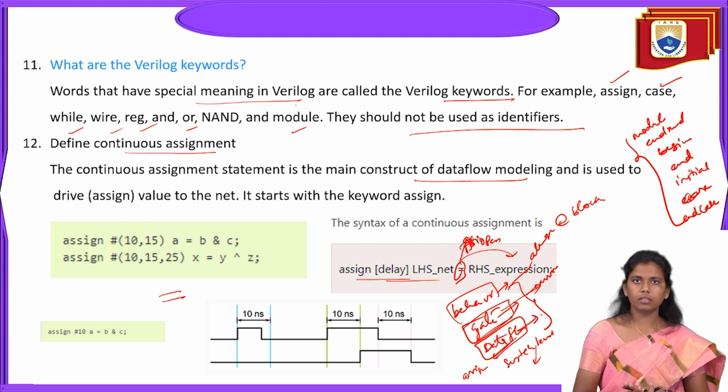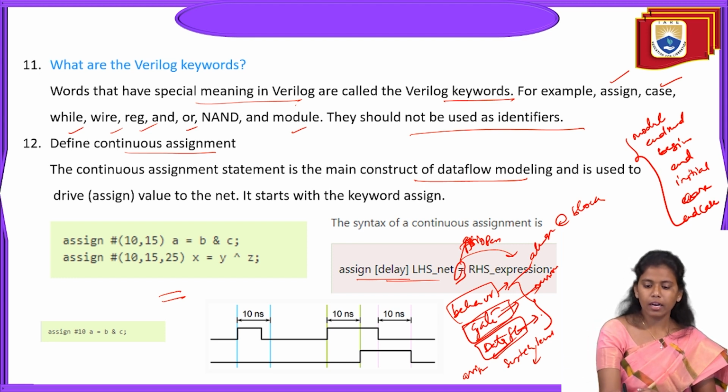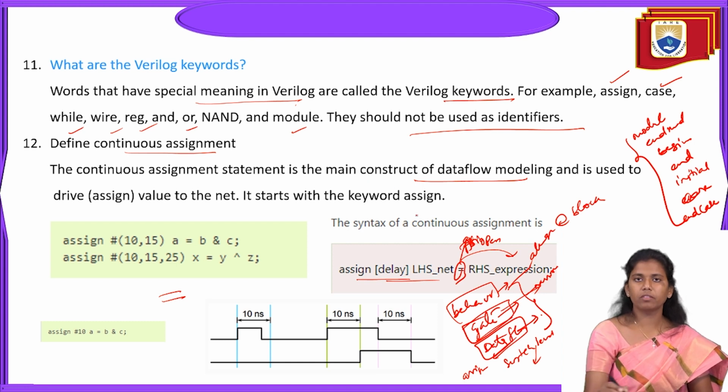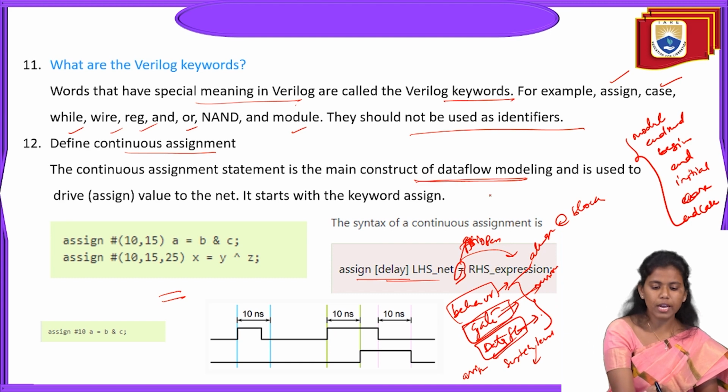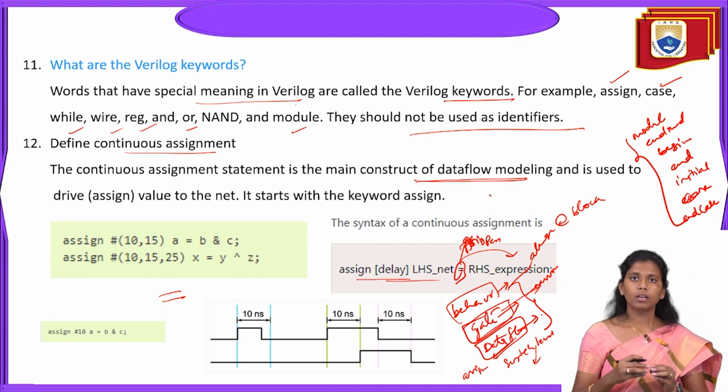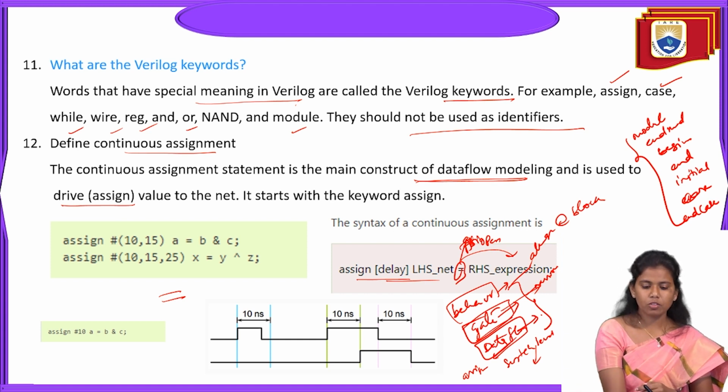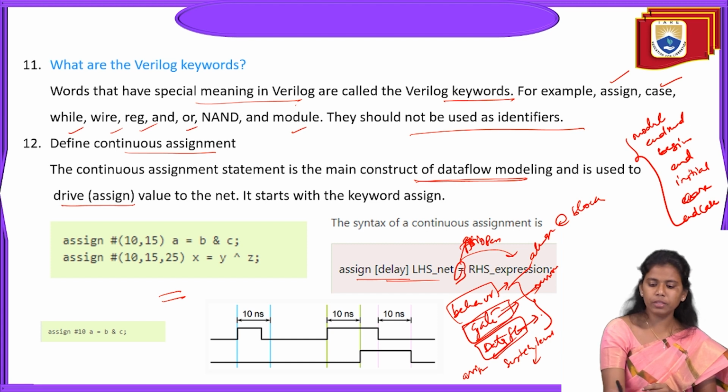So the continuous assignment statement can be observed while constructing data flow modeling. It is used to drive a value onto the net, so it starts with the keyword assign.